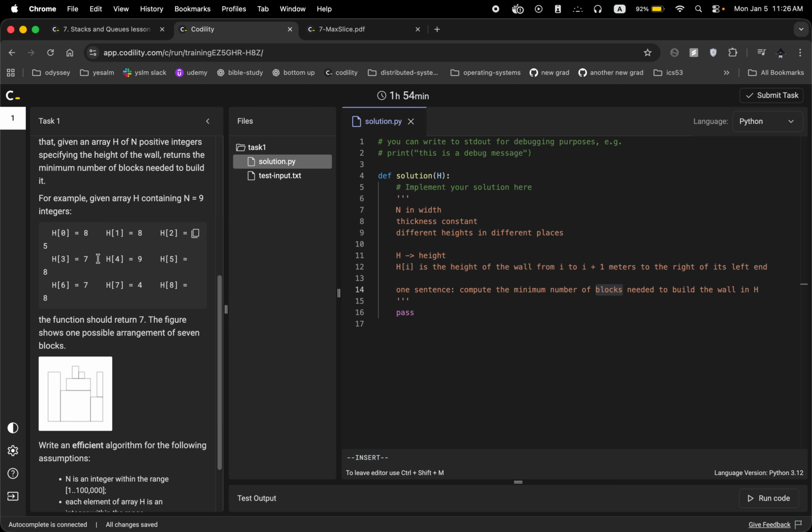So I'm assuming there's like 2 blocks of 8, 7, and then 1 block of 9. 5 is 8, another 8. And then 7 is another 8.